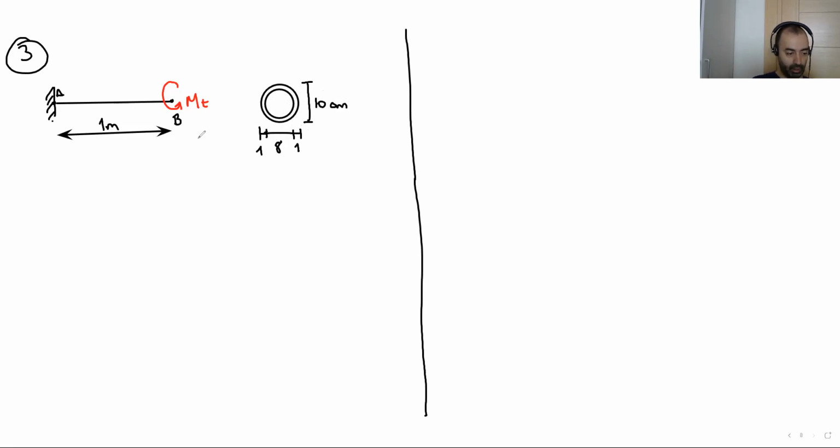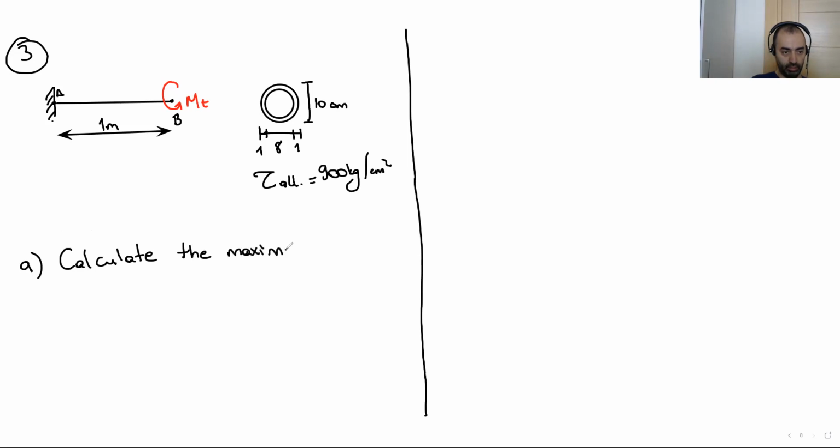And tau allowable for this question is 900. The A here is: calculate the maximum Mt.